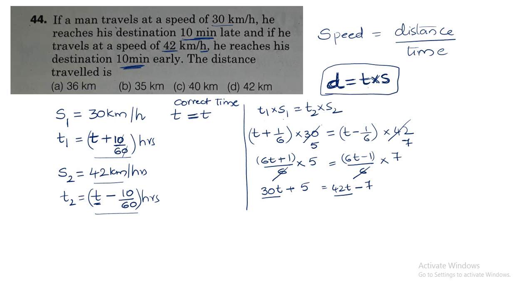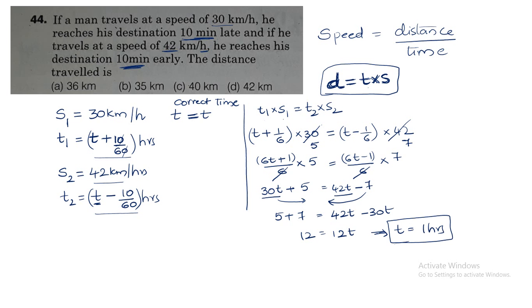So this minus 7, if I transpose, becomes plus 7. So 5 plus 7 is equal to 42t minus 30t, because this plus 30t I can transpose as minus 30t. So 42 minus 30 is 12t is equal to 5 plus 7, which is 12. So from this what I am getting? t is equal to 1 hour. So I got the time.